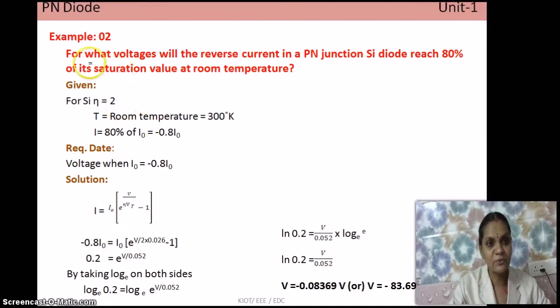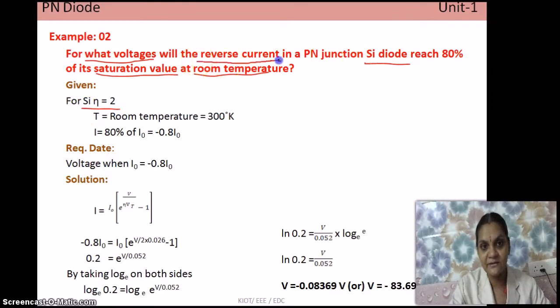The next problem is, for what voltages will the reverse current in a PN junction silicon diode reach 80% of its saturation value at room temperature? Right? For what voltage? Voltage is the required data. Silicon diode means eta equal to 2.